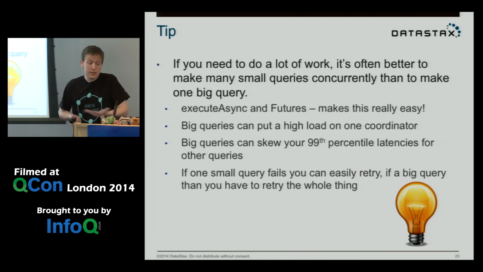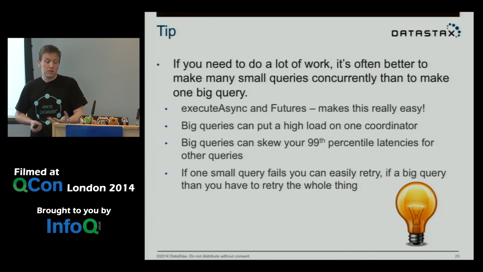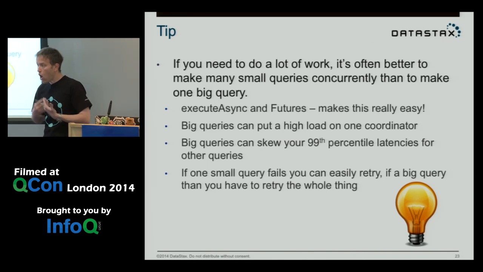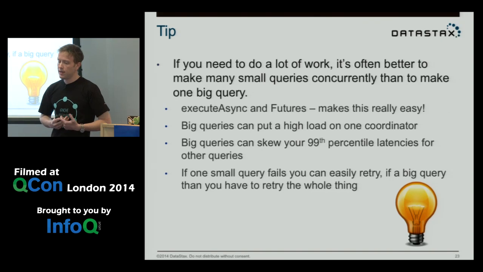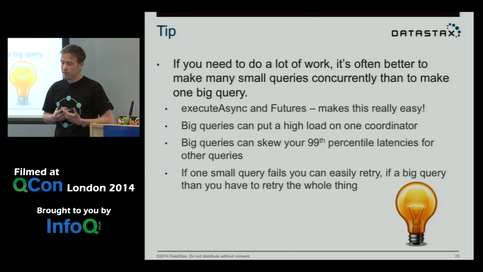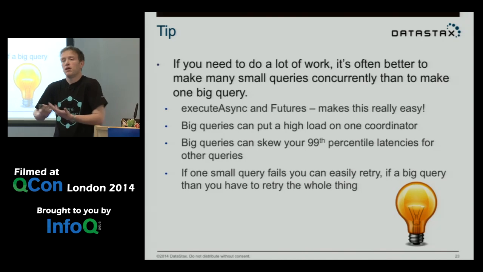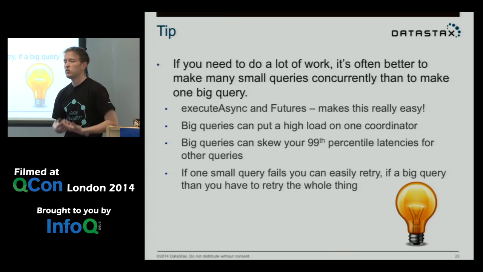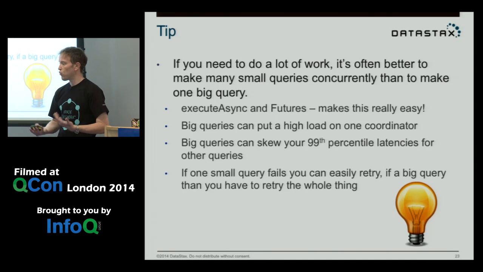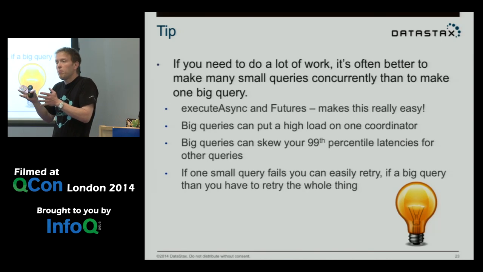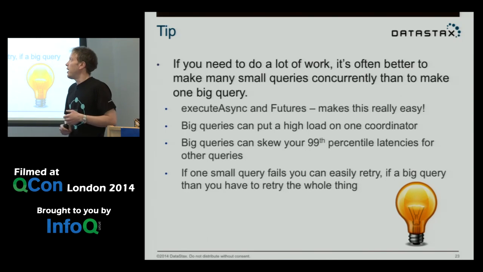First of all, it's very easy to do with execute async and the features on there. But the problem with doing large queries is that it can result in, for instance, your coordinator node doing a lot of work, and that introduces a certain amount of hotspot on that node, which will then have an effect on general throughput. So breaking things down to smaller queries is often better than having just one big query.